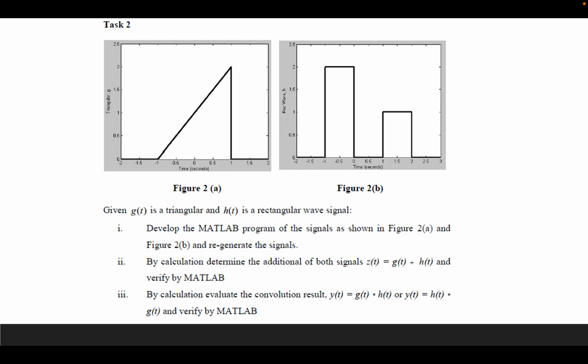By calculation, determine the addition of both signals z(t) equal to g(t) plus h(t) and verify by MATLAB. And thirdly, by calculation, evaluate the convolution result y(t) equal to g(t) times h(t), or y(t) equal to h(t) times g(t), and verify by MATLAB.